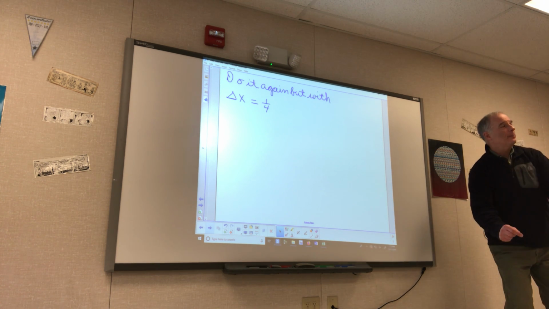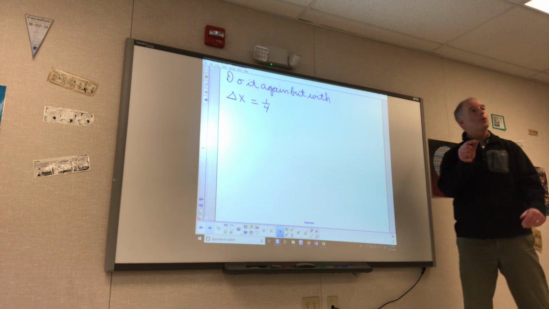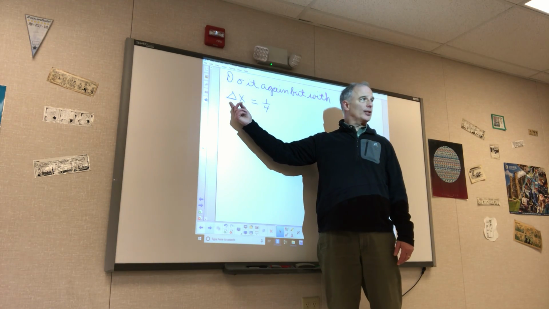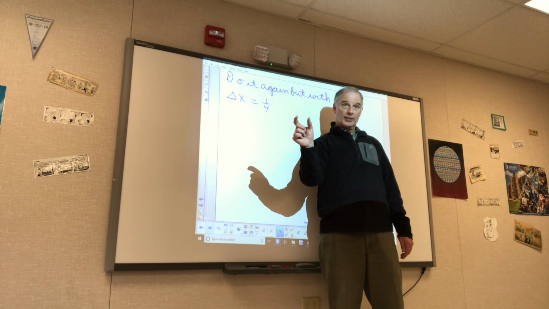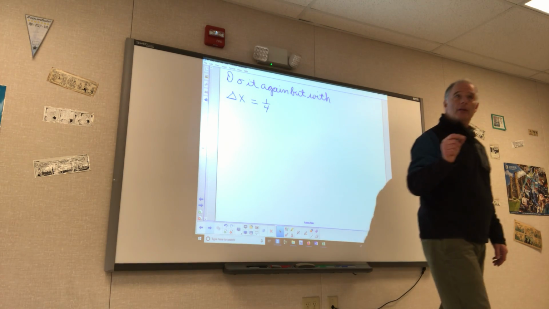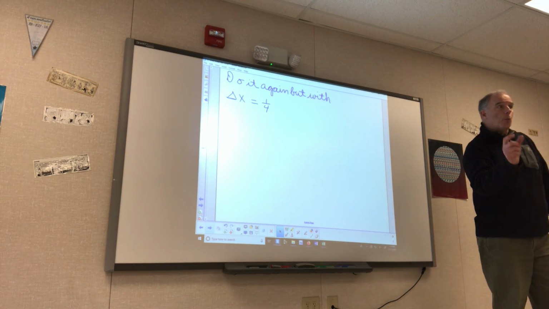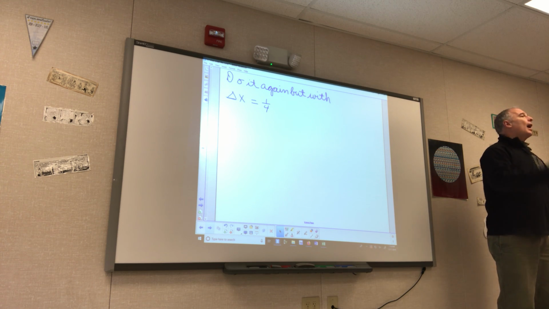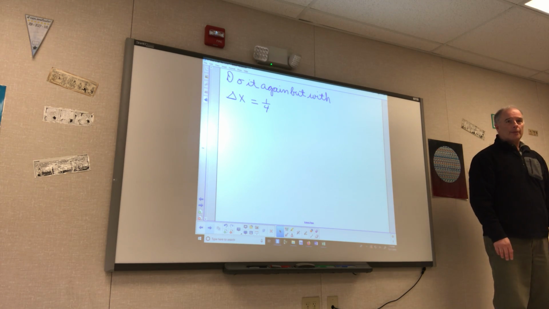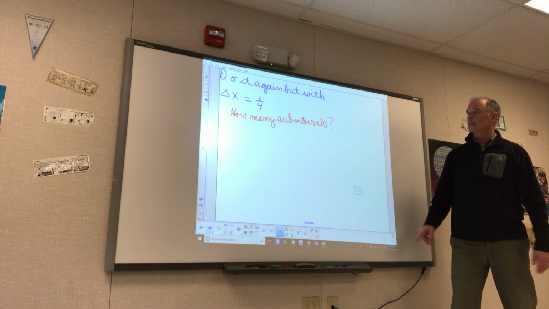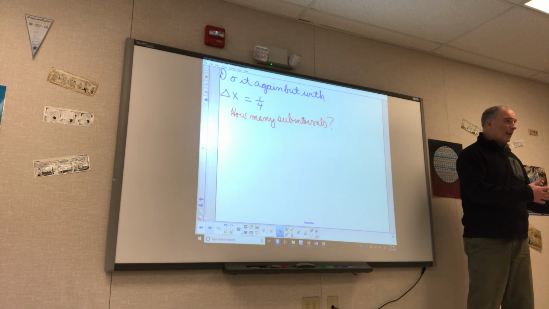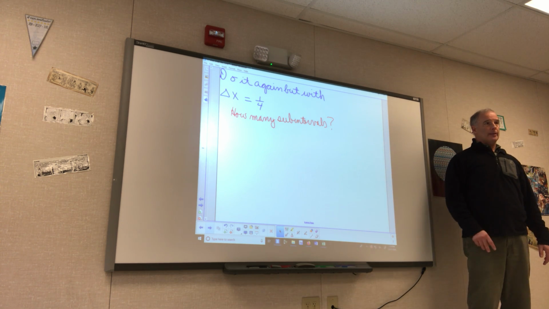If I wanted to get an even better estimate, recognize the notation: delta x means the difference in the x values. Instead of making the width of each one of these rectangles 1/2, I could make the width of each rectangle 1/4. Don't write this down, but it gets really messy when you do that many. How many subdivisions would there be?